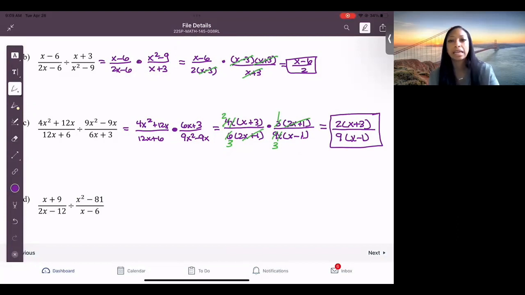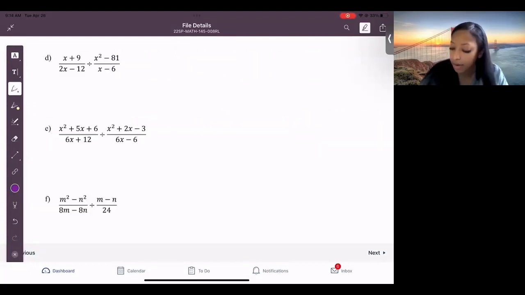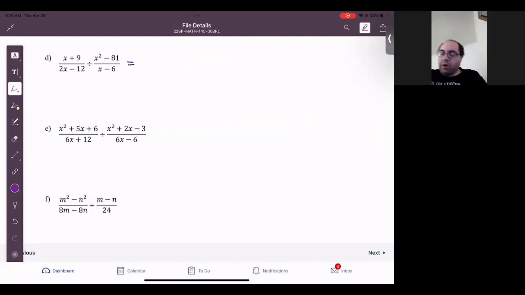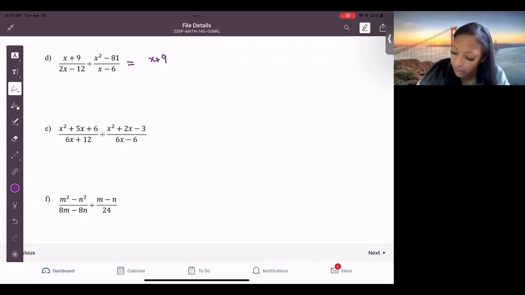All right, that one had a lot of simplifying numerical factors. When we rewrite this one, we get x plus 9 over 2x minus 12, times x minus 6 over x squared minus 81.